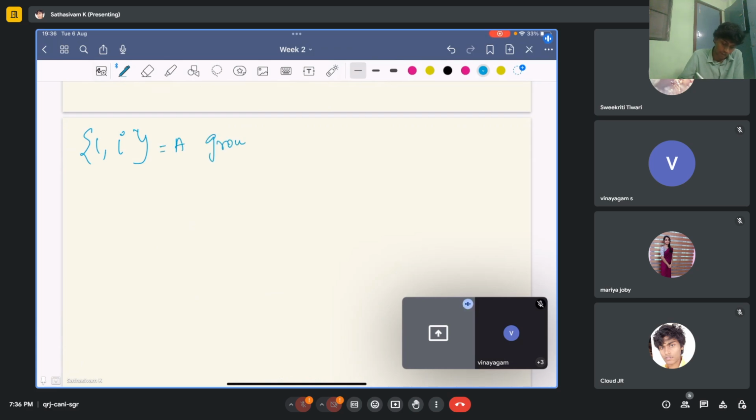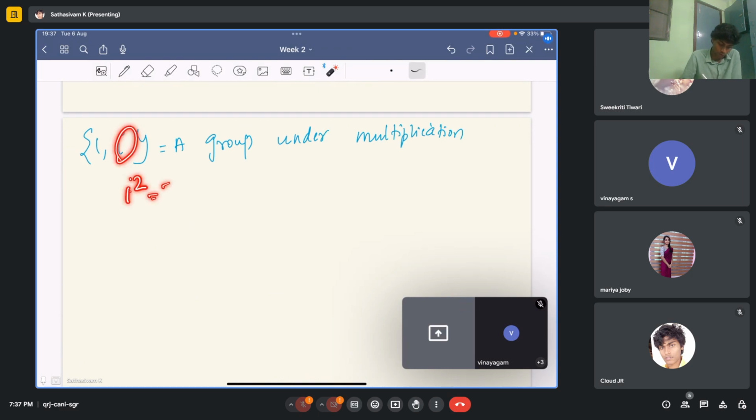Let me call this A. Why? You see, i square is equal to 1, right? Sorry, i square is equal to minus 1, not 1. Let me take 1 and minus 1.